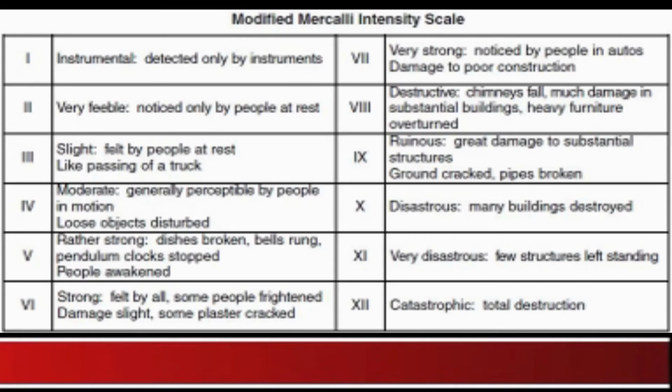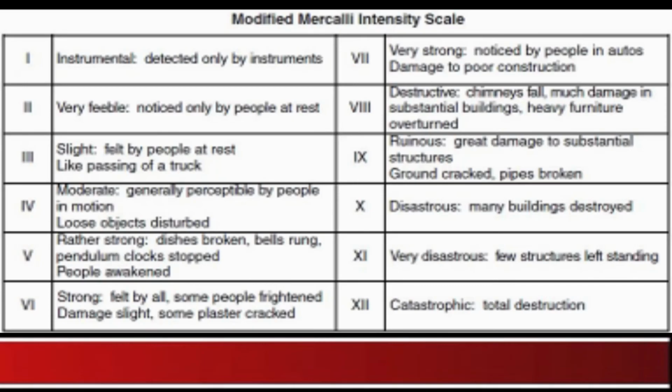So in this table, we have intensity 1 earthquake up to intensity 12 earthquake. So intensity 1, that's instrumental, detected only by seismographs, while look at intensity 12. So intensity 12 is catastrophic and there is total destruction.